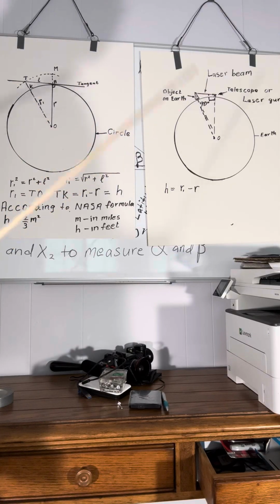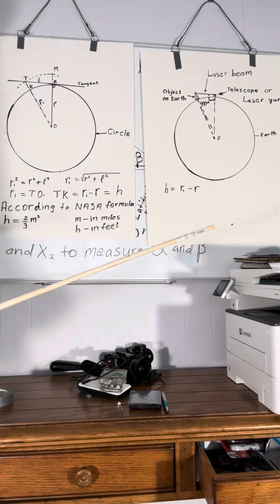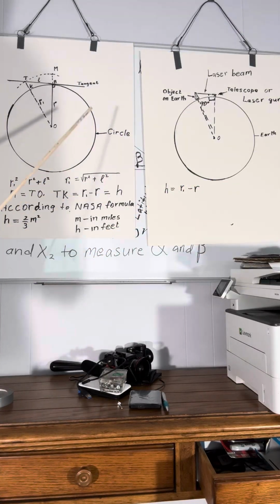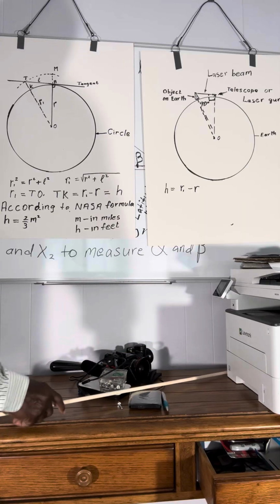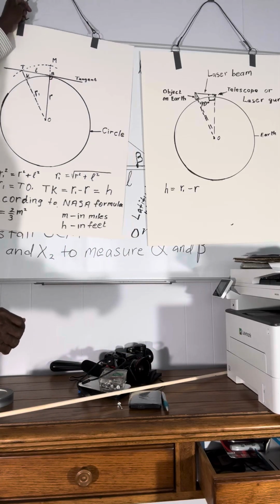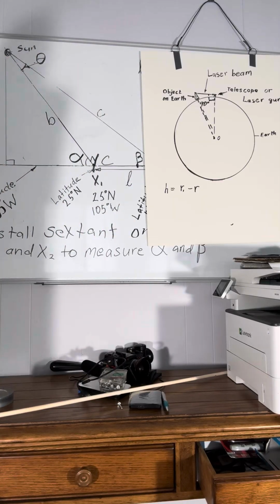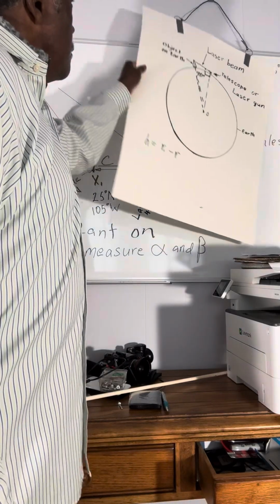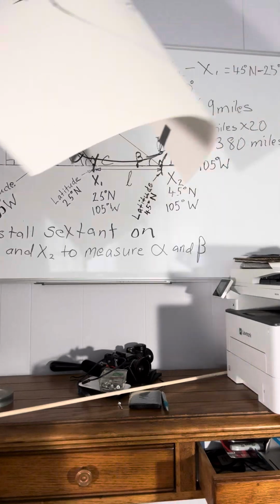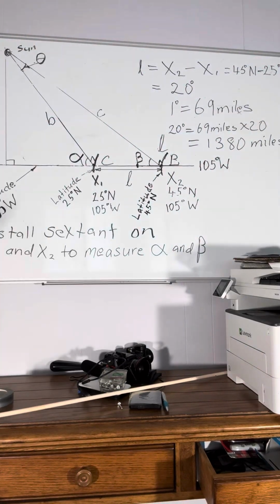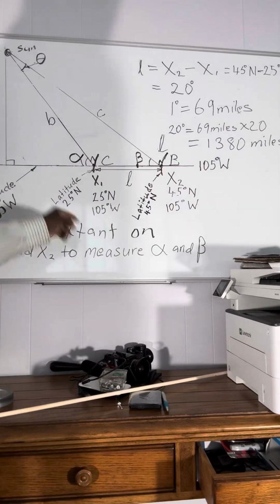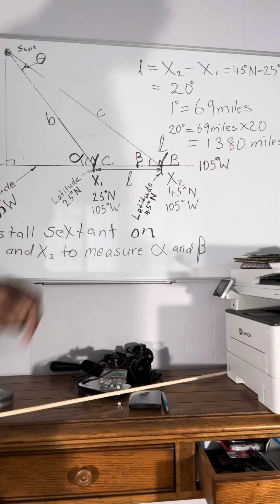Now, the next thing is I'm going to prove to you that the sun is very close. So take this out. Let's see. Now, I want you to see, as I already showed, that the earth is flat. If the earth is flat, that means the longitudes are straight lines.